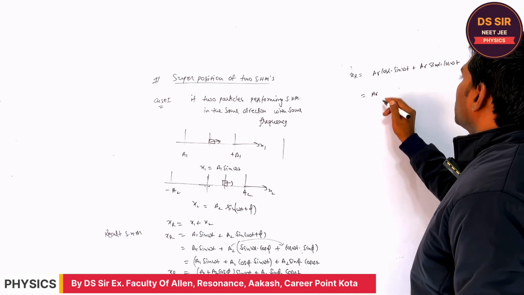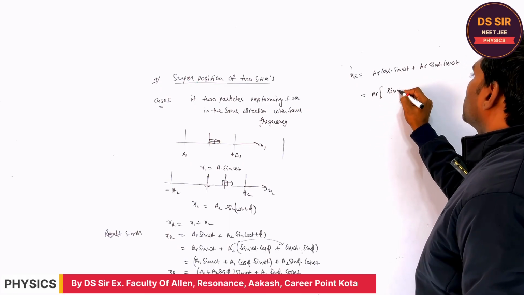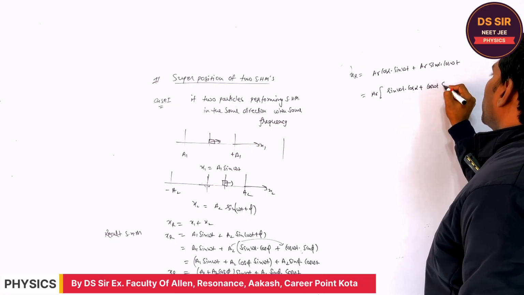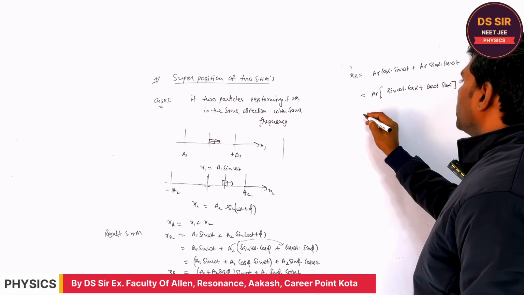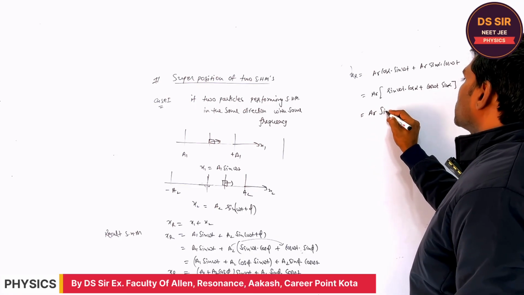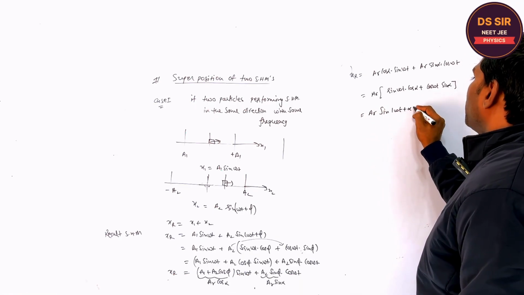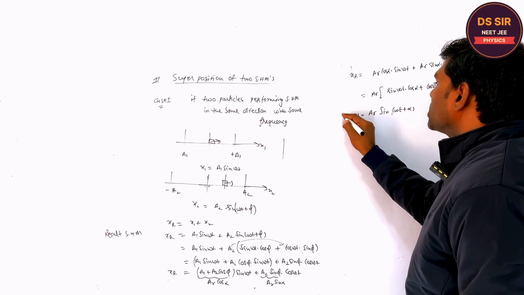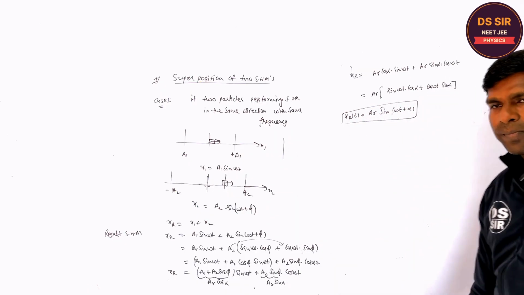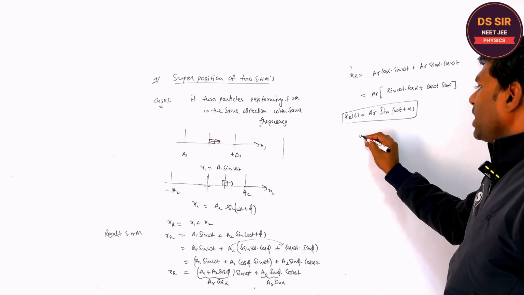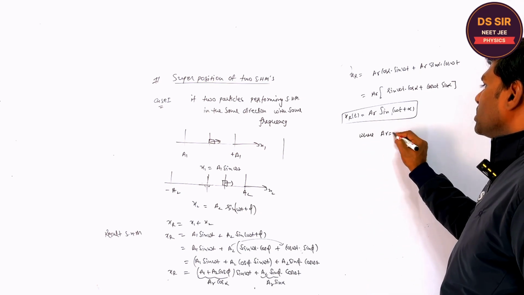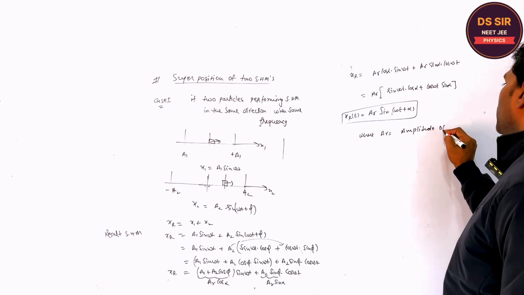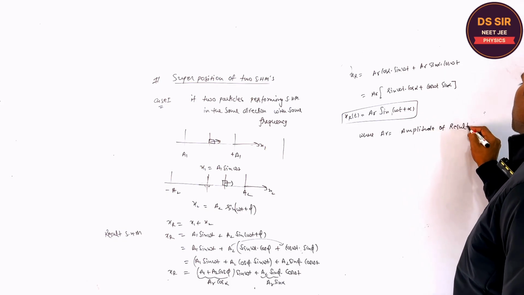Taking AR common, AR sin of omega t plus alpha is the resultant displacement of the SHM, where AR is the amplitude of the resultant SHM.